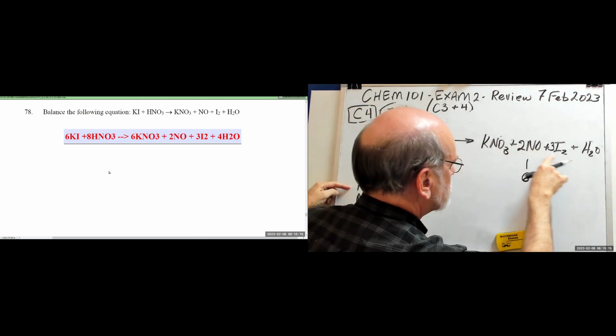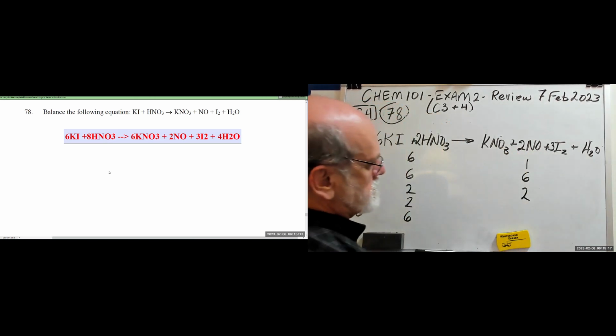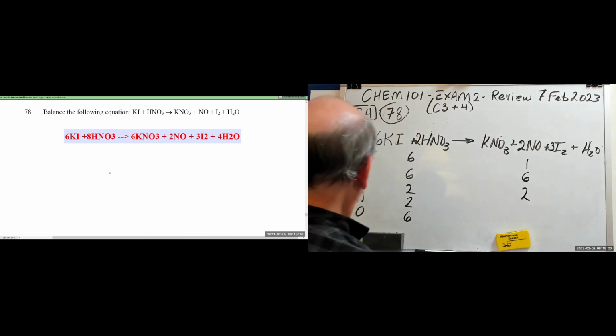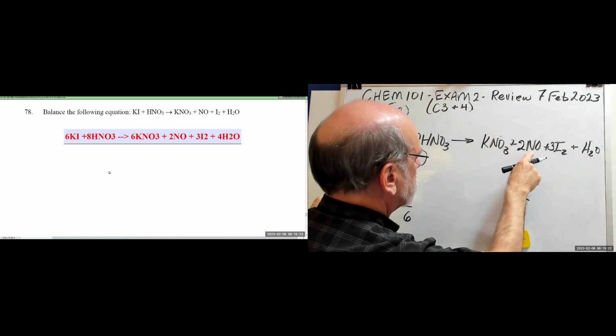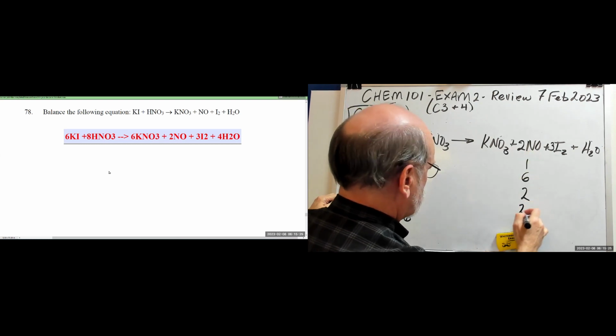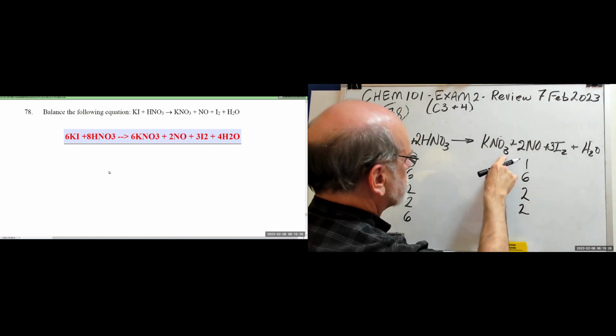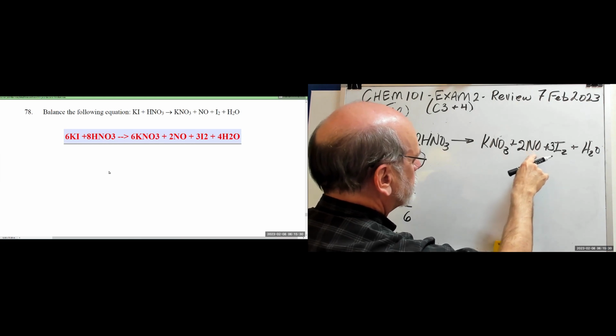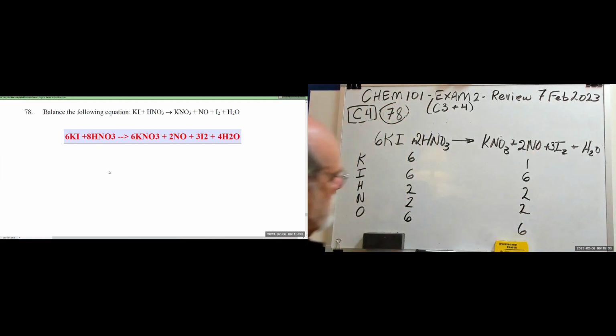We have 2 hydrogens. And nitrogens, we have 1, 2, and how many oxygens? We have 3, 4, 5, 6. The only one that's not balanced is the potassium.